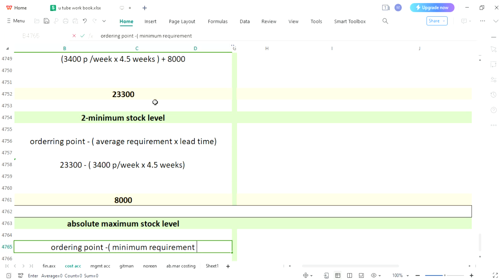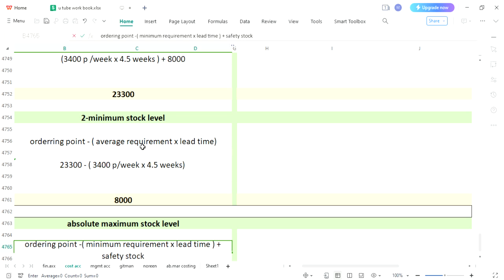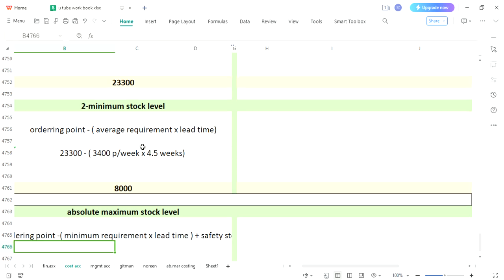And I'm very sure you have an idea, minimum requirement is different from minimum stock level. This is just the requirement, and that is our final answer, the stock level. Minimum requirement, then multiply it with lead time, and finally you will be adding safety stock. So in this way our calculations would be completed.